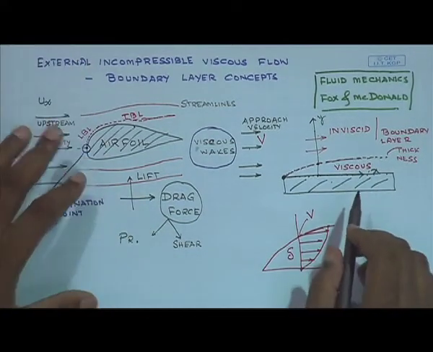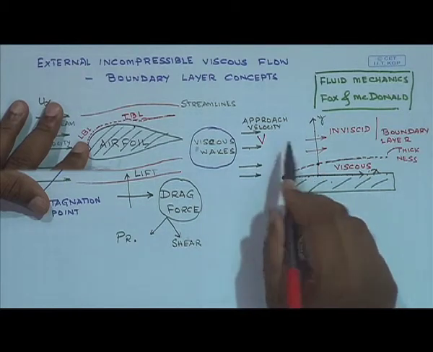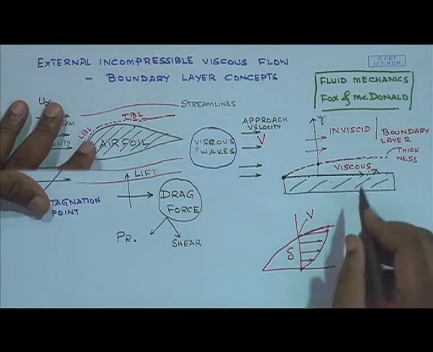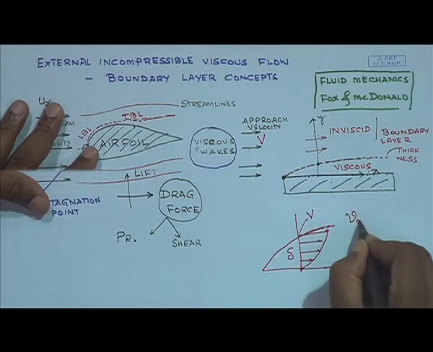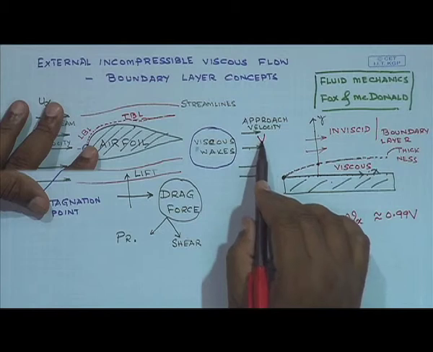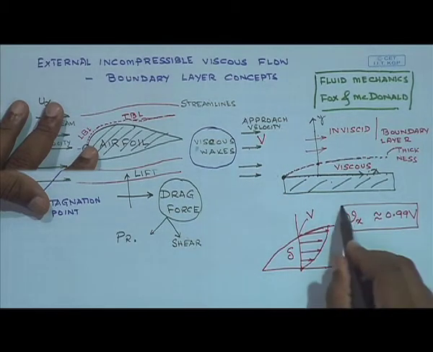But generally it is not the attainment of the velocity equal to the approach velocity which is used to demarcate the boundary layer. It is when we say that Vx is about 99% of V, 99% of the approach velocity for a flat plate.